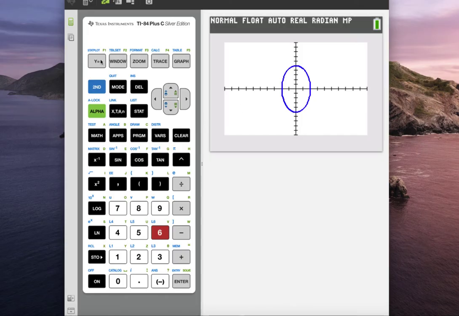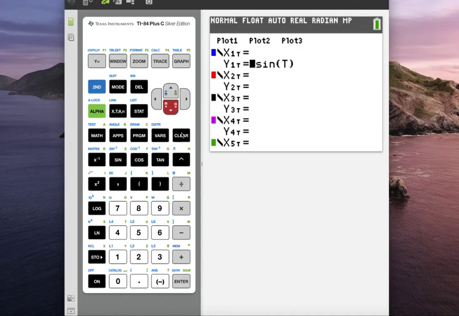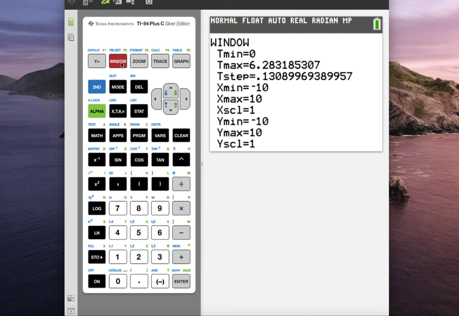So if I go back into my y equals menu and then type in the first one, so 9 minus 3t, and 7 plus t. And what I want to do here is I'm going to go into Window, and I'm going to change my t step to be really small.